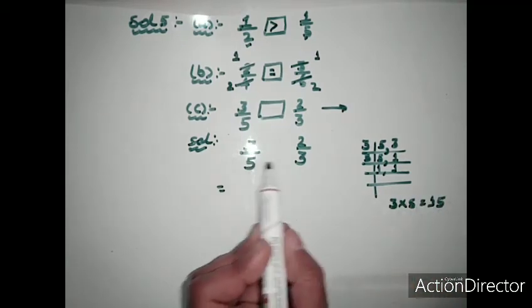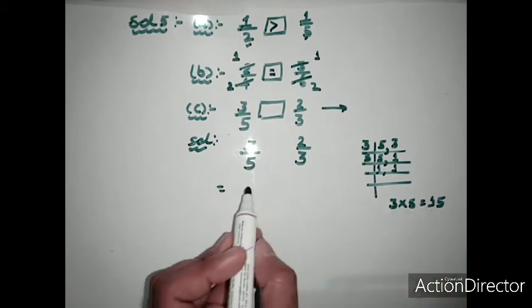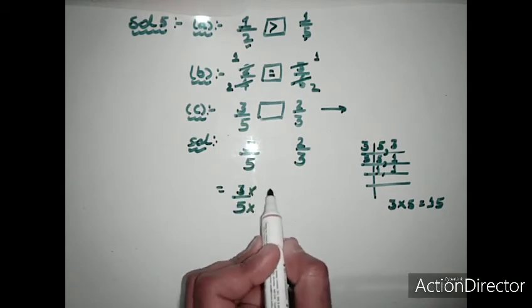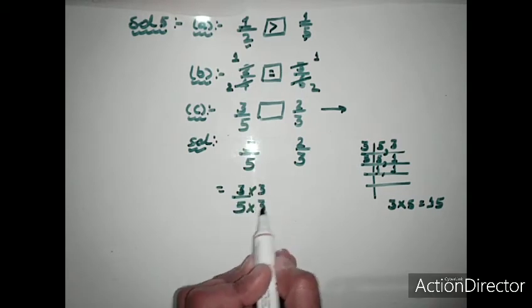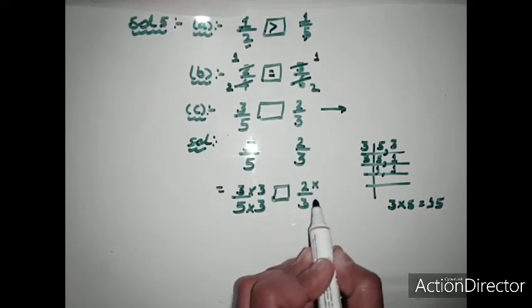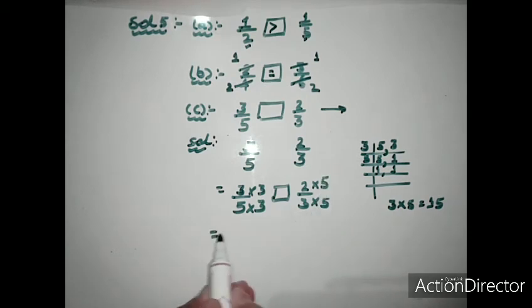So here we make the denominator equal to 15. How many times does 15 come in the table of 5? 3 times. So we multiply the first fraction by 3, and because 3 fives are 15, we multiply the numerator and denominator of the second fraction by 5.